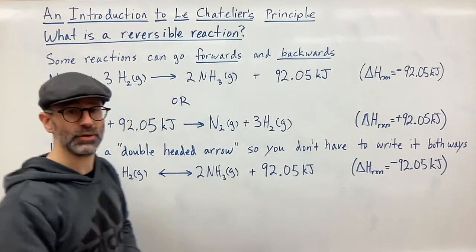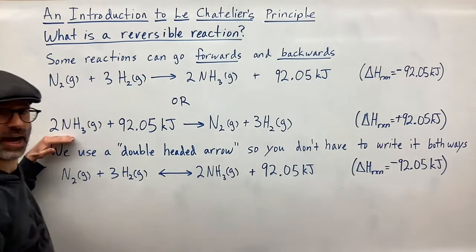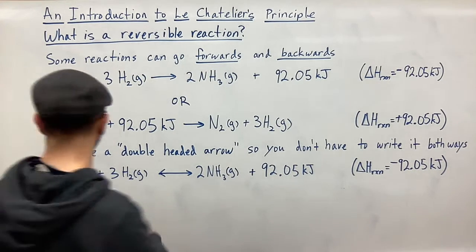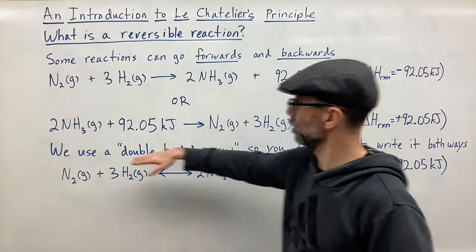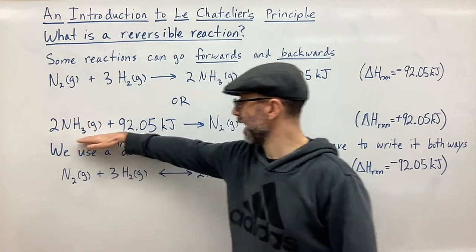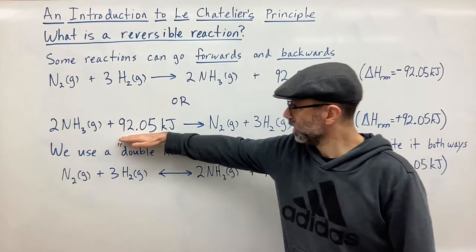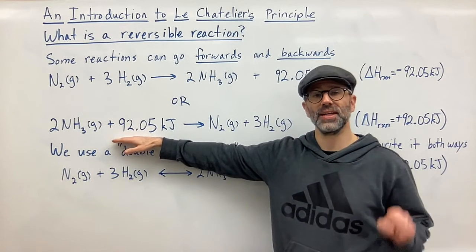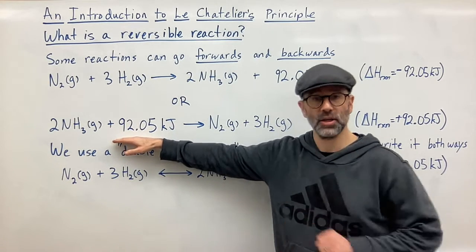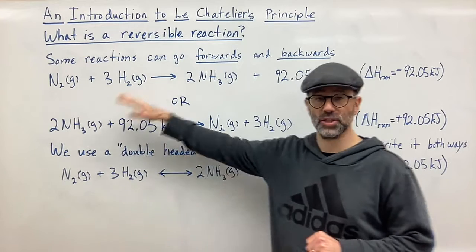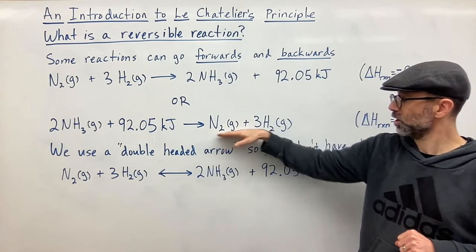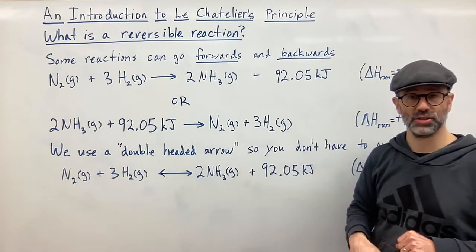Or we could have the reverse reaction. So here we have the ammonia on the reactant side. So here we just reverse this. So now we have 2 moles of ammonia gas plus the 92.05 kilojoules. So now we have the energy being absorbed or added to the system in order for this reaction to go. And that's going to produce your nitrogen gas and your hydrogen gas.